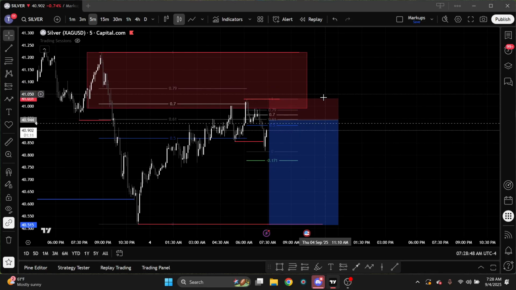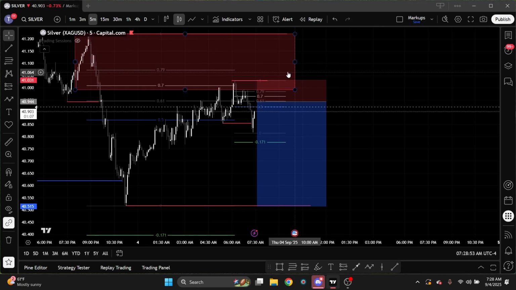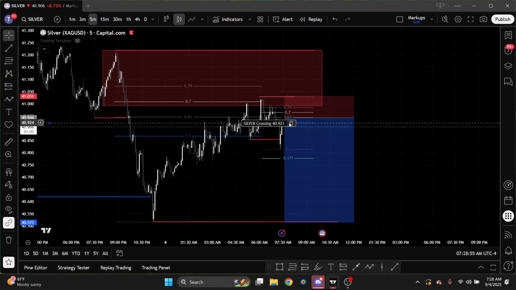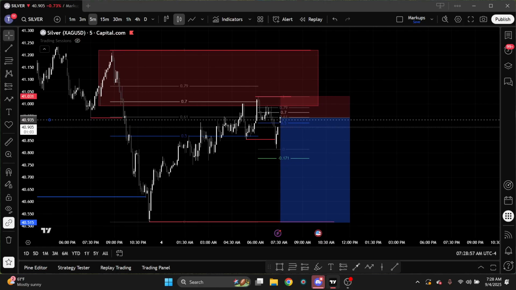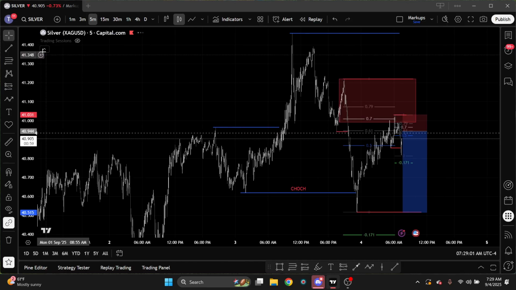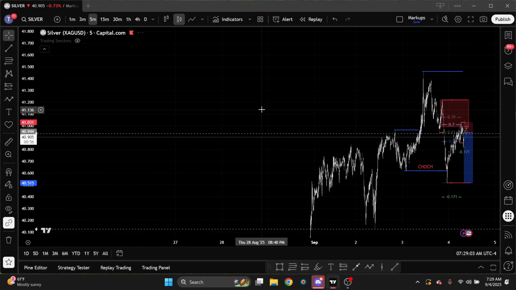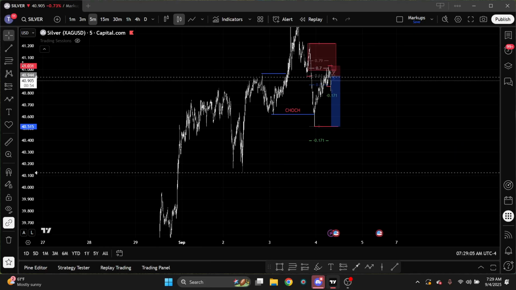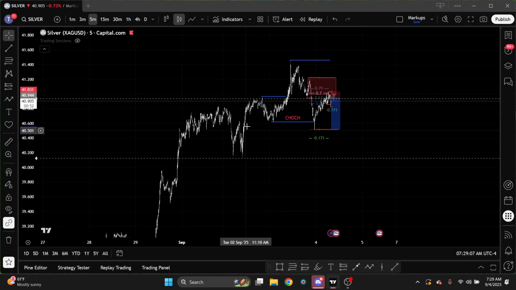Go ahead, put an alert there. I'll put it at the 0.5. Fuck it. And yeah, that's basically my analysis right there for silver. I'm expecting sells. I'm playing the pullback, even though it does look bullish.